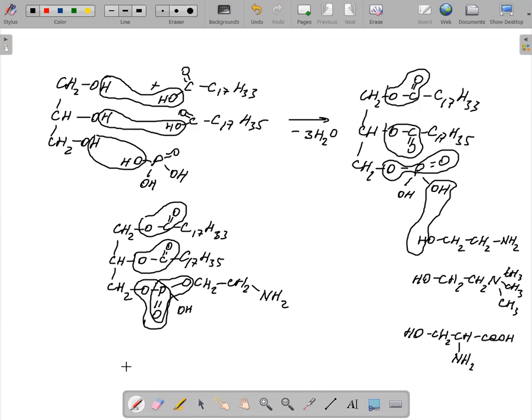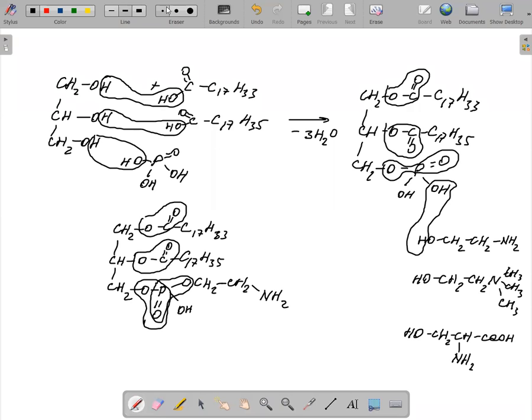pH of our blood is 7.35 plus minus 0.05. And as you can see here, we have OH group, acidic center, and NH2 group, which is the center of basicity.